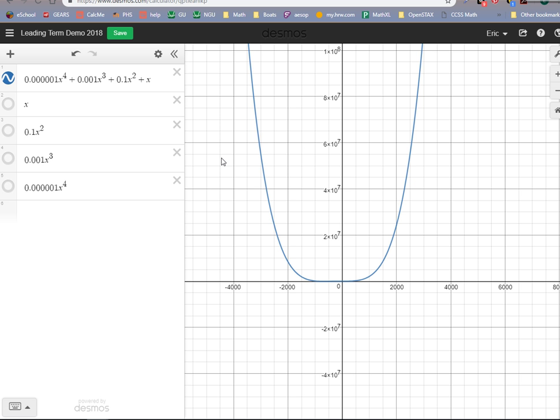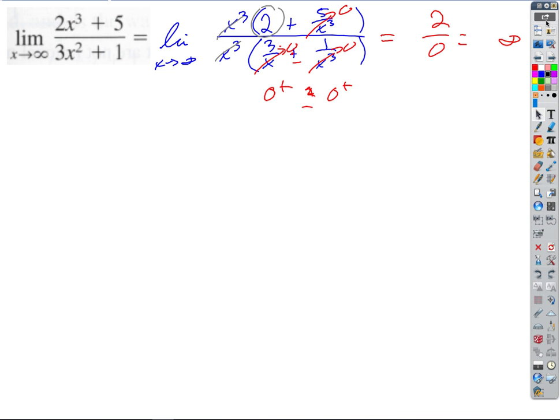Right? So if we go back then and we look at our function here, the function on the top and the function on the bottom, we canceled the x cubes, right? So now we've got the limit of 2 plus 5 over x cubed divided by 3 over x plus 1 over x cubed as x approaches, let's say, positive infinity.